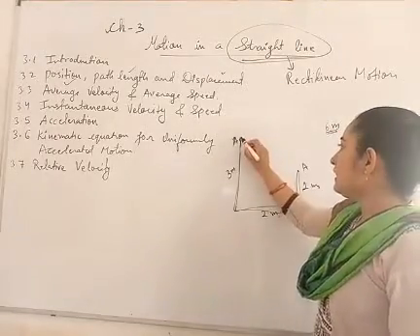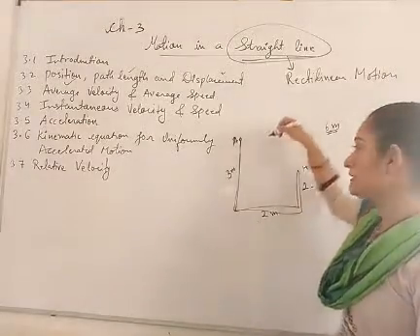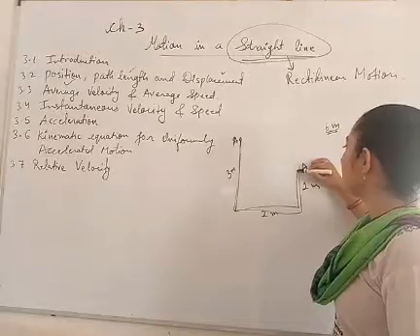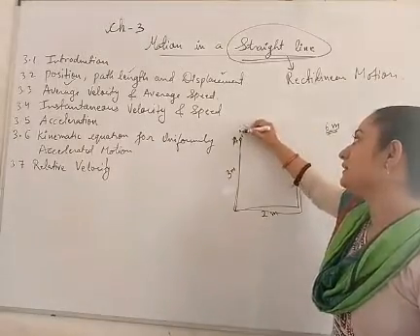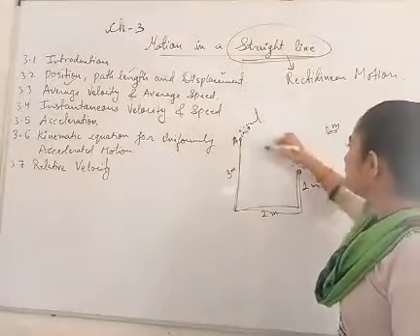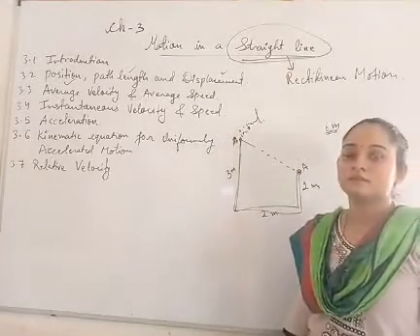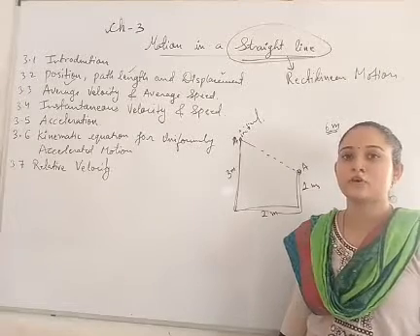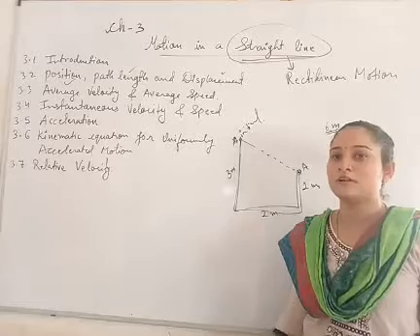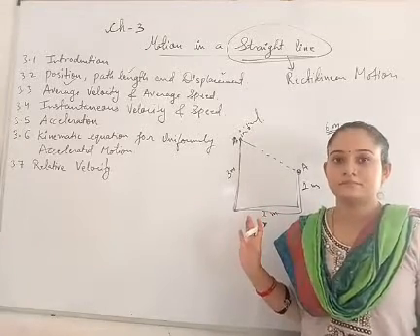Now, if we need to find the displacement, displacement means the direct distance between the final position and the initial position. So this is the displacement. Got it? What is path length and what is displacement? The unit of path length and displacement, both, is length.